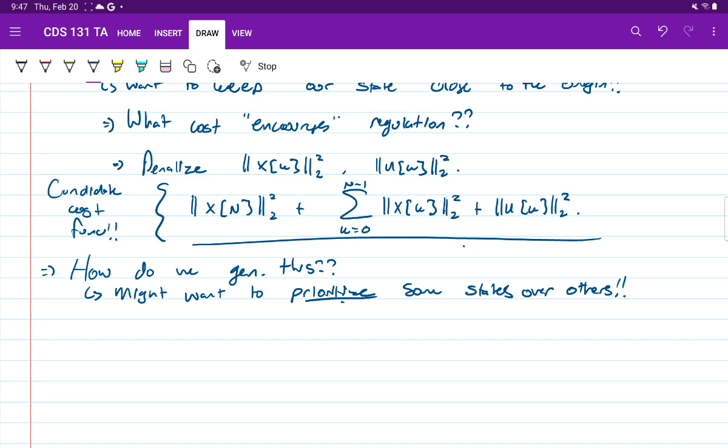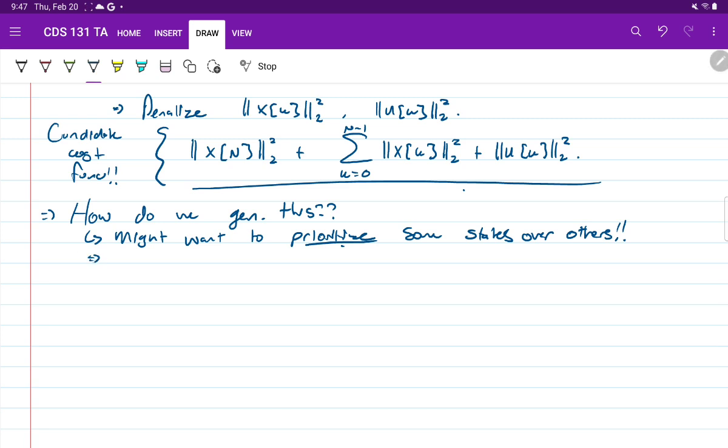I want to put a lot of weight on this component x1, right? Now, maybe at the same time, let's say I don't care so much about my inputs versus my states. Well, I might want to put a lower cost on my inputs versus my states, okay? So I might want to trade off between inputs and states.